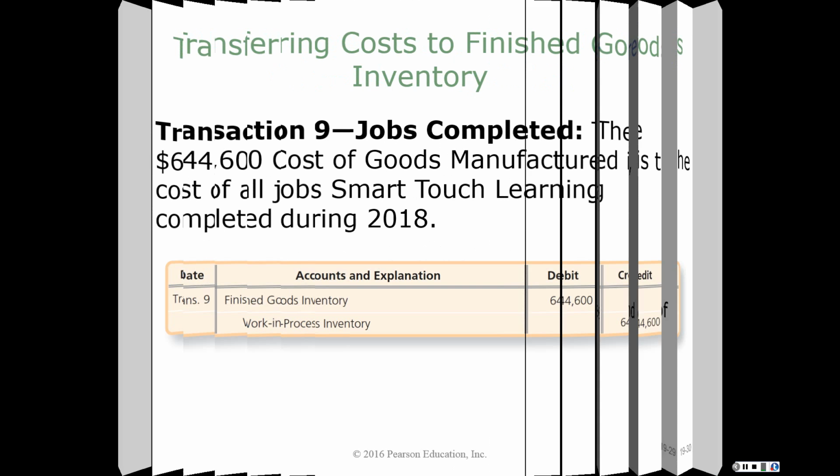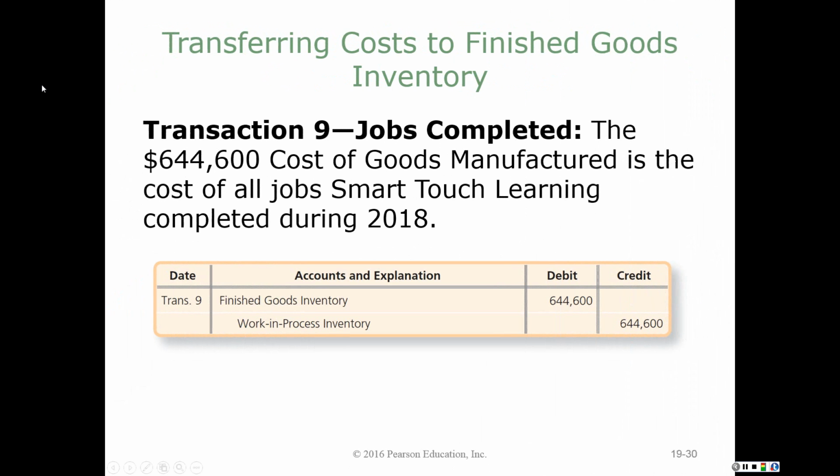Okay, so if in transaction 9 our jobs are complete and it says that we have $644,600 worth of cost of goods, remember we're talking about cost of goods manufactured, all right? All of our material, labor, and overhead. And as we talked about as we were going through the chapter, as we're working on the job, everything's going into work in process.